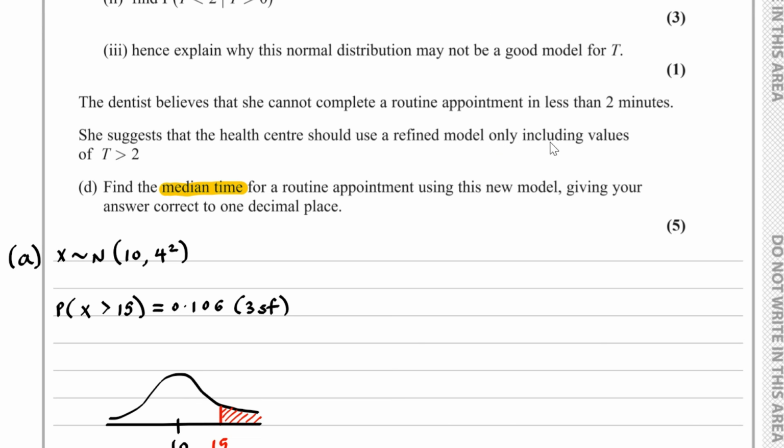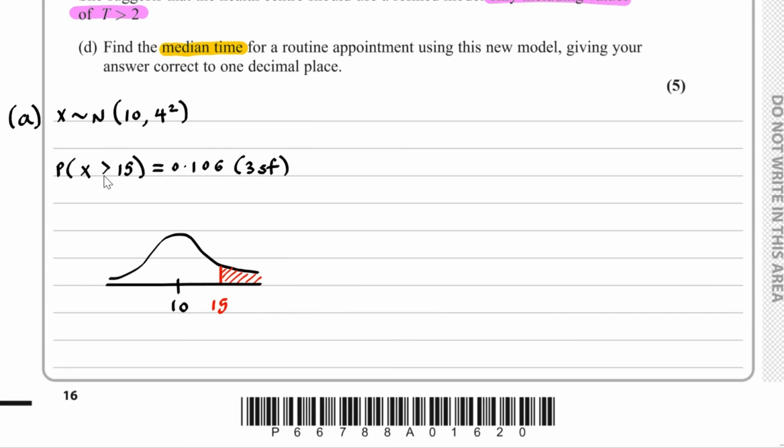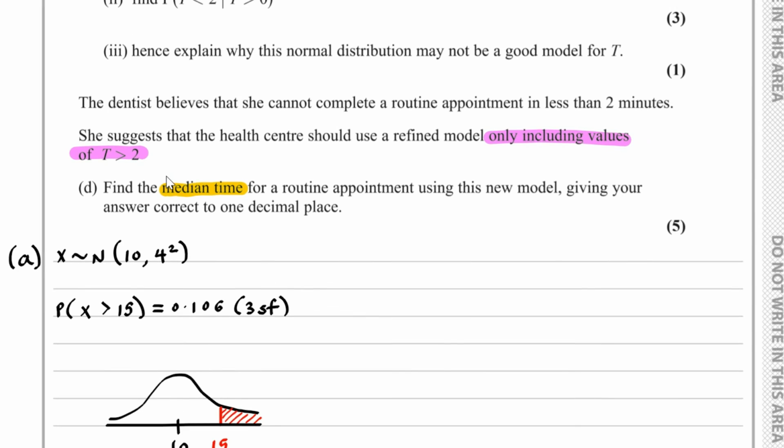So we're looking at values greater than 2, okay? And what we'll also note from the question is that the dentist believes that she cannot complete a routine appointment in less than 2 minutes. In other words, the time taken is longer.